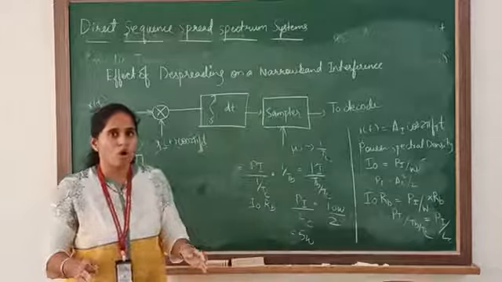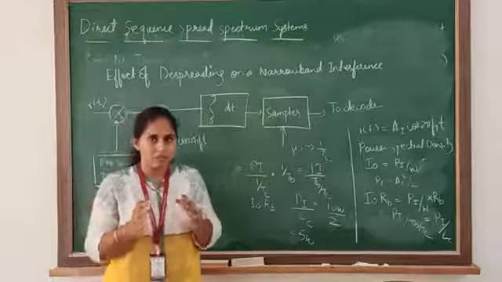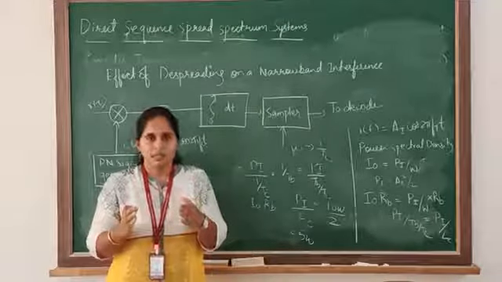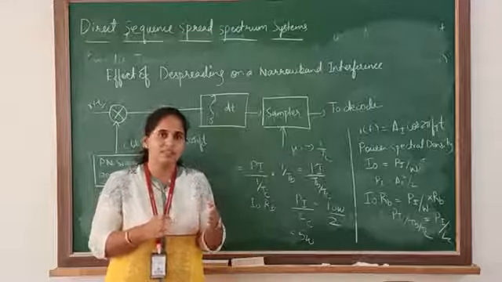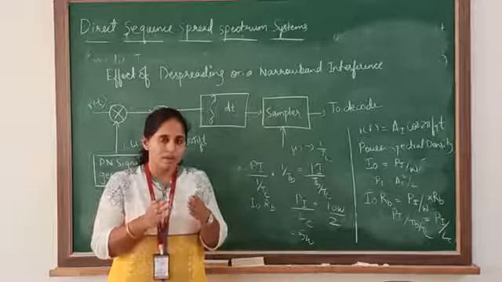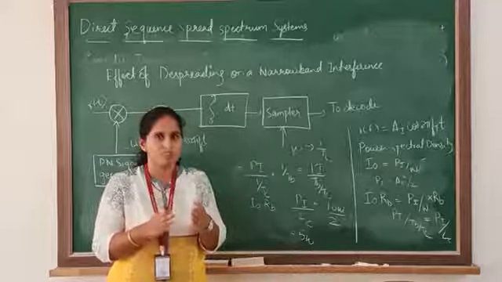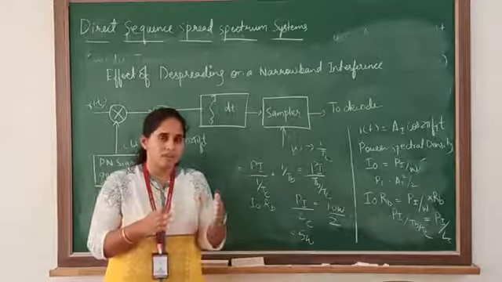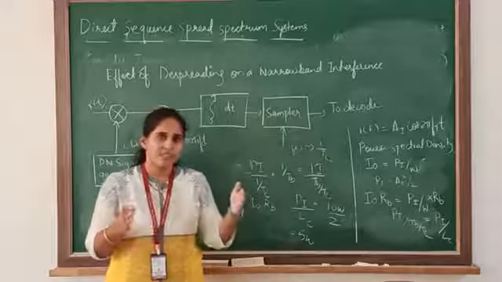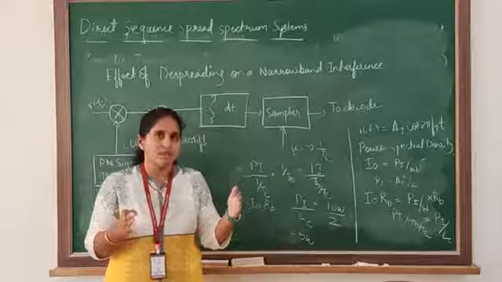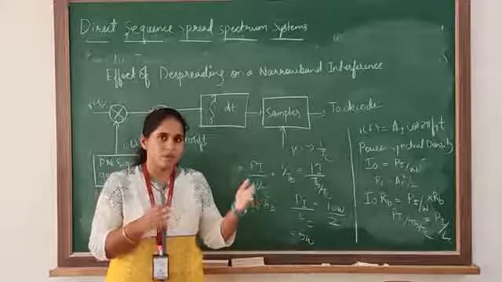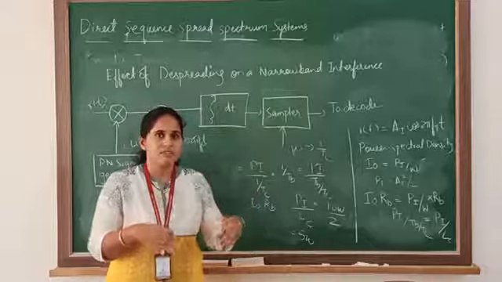When you summarize all the things, what we have done: we have taken the input sequence and multiplied it with the PN sequence. When we are multiplying the input sequence with the PN generator sequence, we are spreading the bandwidth of the input signal. Then we are modulating and transmitting it. At the receiver side, we are despreading.